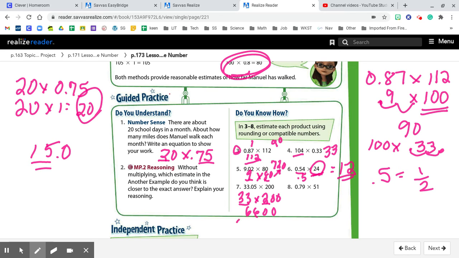Or I could just make it 30 times 200 and get 6,000. Either of those would be fine. For number 8, maybe I'll bring that up to 1 times 51 equals 51.